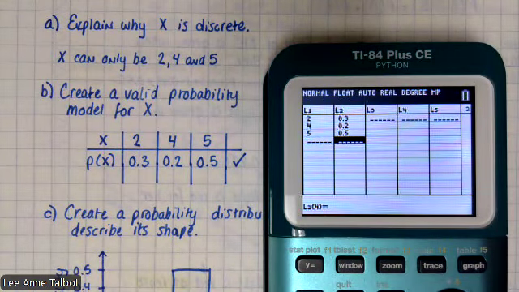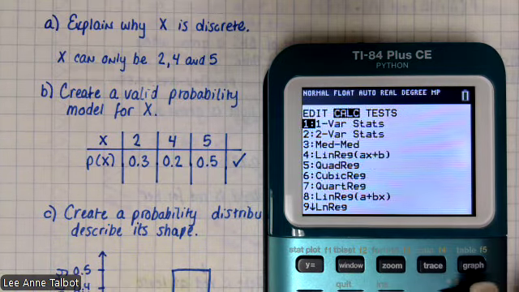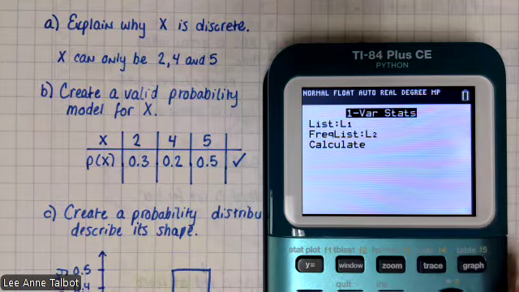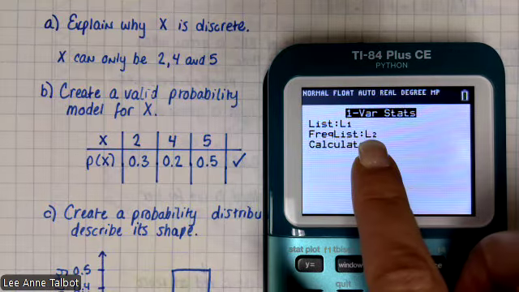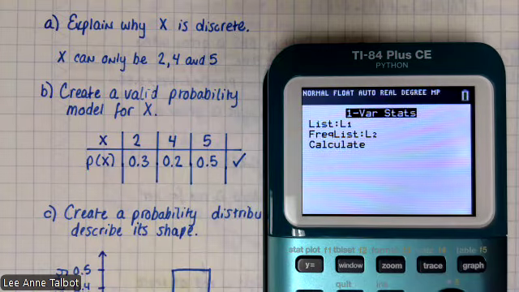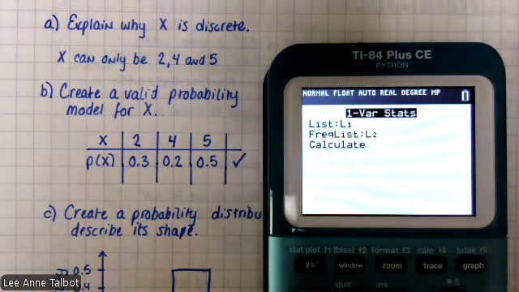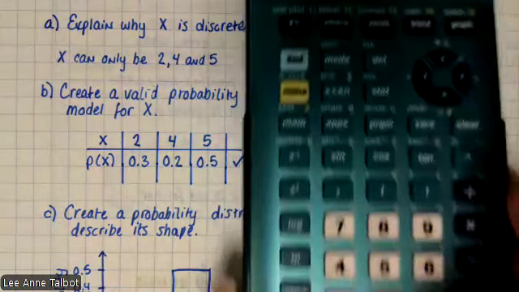Okay, so I put the x's into L1, the probabilities into L2, then stat, calc, one variable stats, and I already have mine set up as L1, L2, but if you need to put L2 here, just put second two. Notice the lists are all above the numbers in whatever color your calculator does.